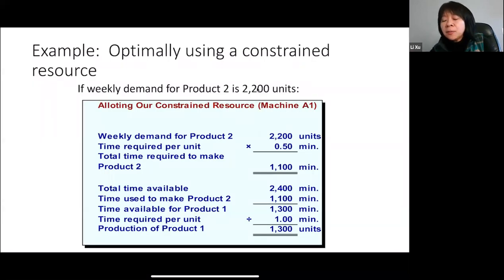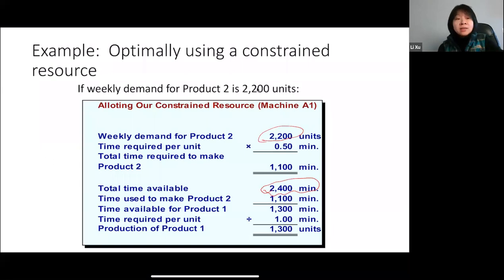Weekly demand for product 2 is 2,200 units, and we're going to produce as many as we could. You can see here for machine A1, just to produce product 2, it takes 1,100 minutes. For each week, A1 can only use 2,400 minutes. So here, it already allocated 1,100 minutes to product 2.